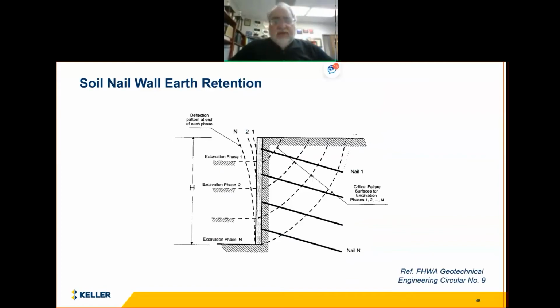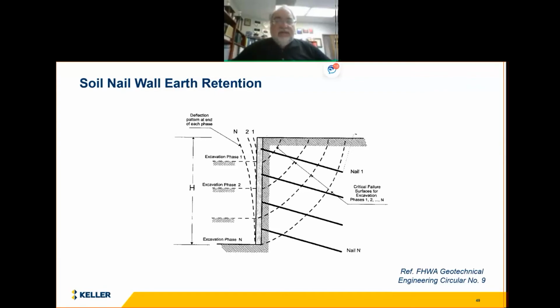This is an illustration that's very interesting out of the FHWA Geotechnical Circular number 9 on soil nailing. And it shows how in the top down, when you excavate 5 feet at a time on phase 1, 2, 3, 4, etc., that you're installing the nails.